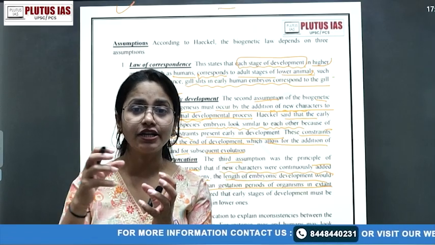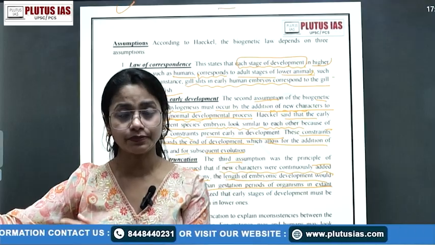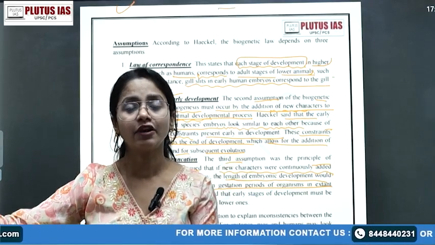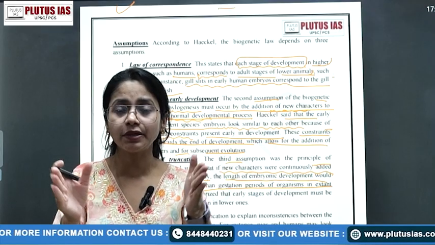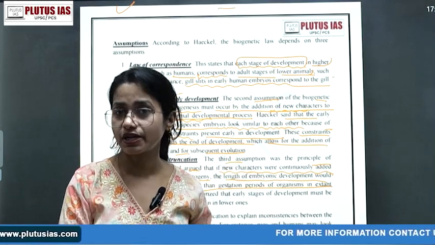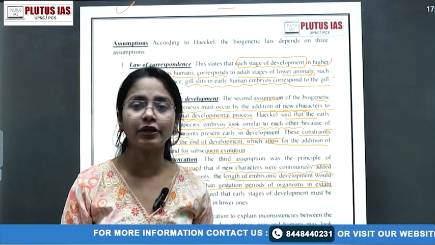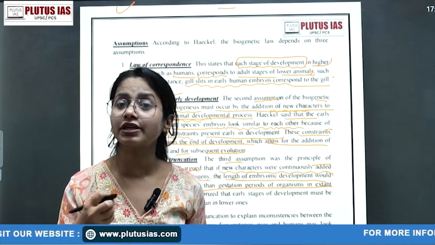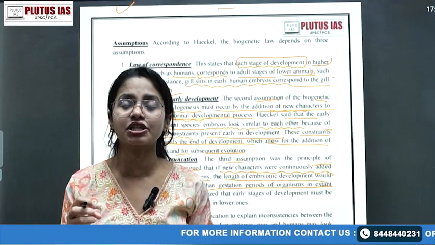Because of that continuous addition of new characters in the later stage of development, the gestation period becomes larger compared to past species, like fish, amphibians, humans and many other species, because new characters are being added, and that is stretching the gestation period.